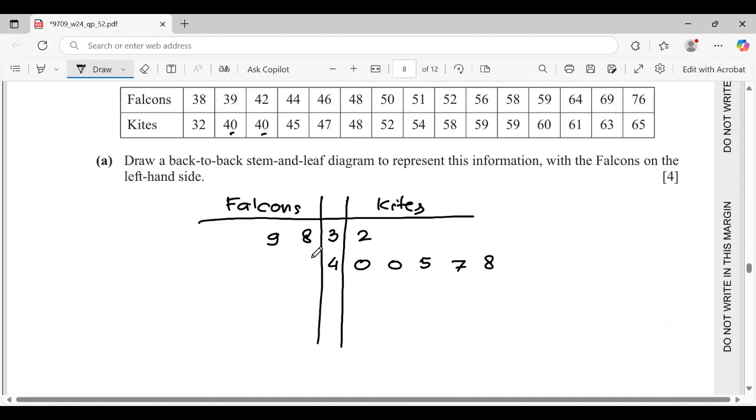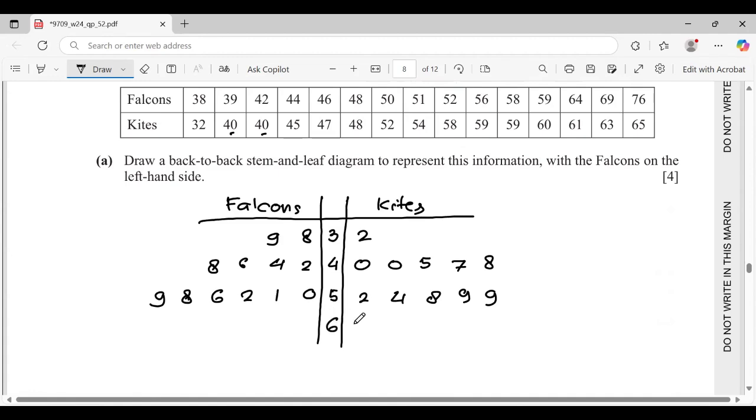And on Falcons, it's 42, 44, 46, and 48. After 40, this is 50 for Falcons, 51, 52, 56, 58, and 59. While for Kites, 52, 54, 58, 59, double 59.